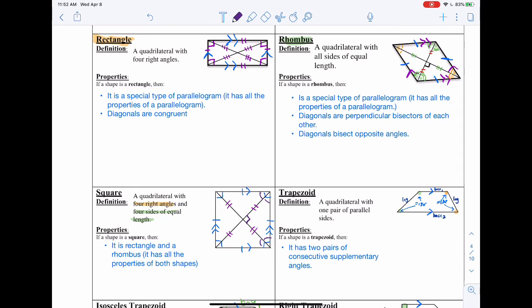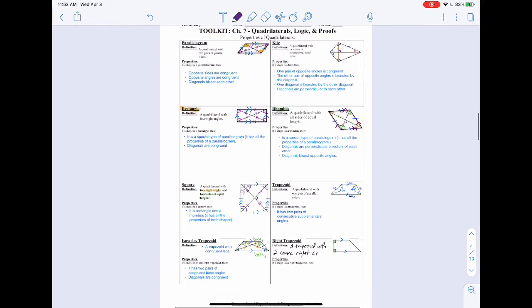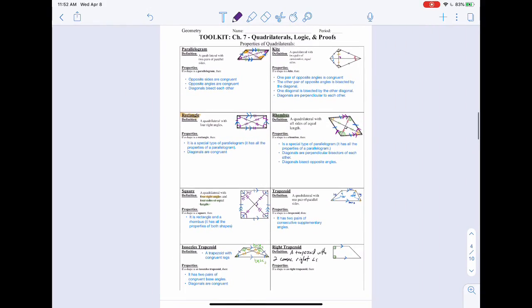So all of these angles are congruent. Now think about, what must those angles be? If it bisects a 90-degree angle, each of those angles must be 45 degrees. So all of those angles are 45 degrees. So there you have the properties of a square and everything else on this Quadrilaterals toolkit for Chapter 7.